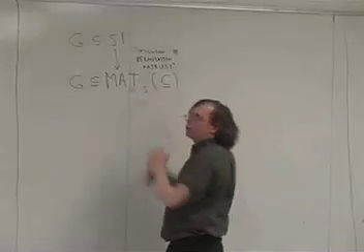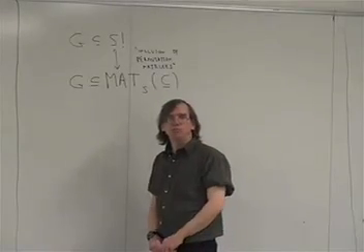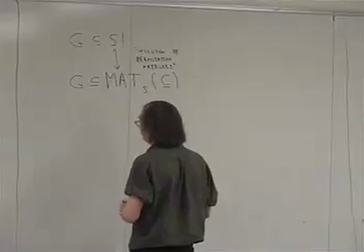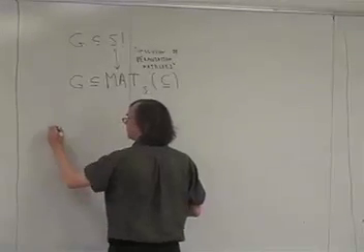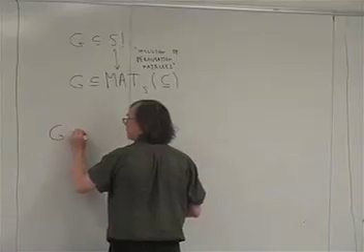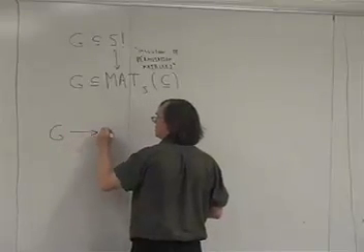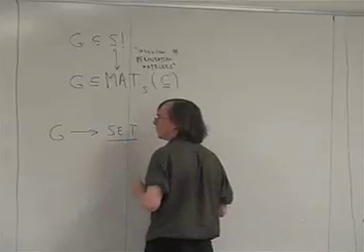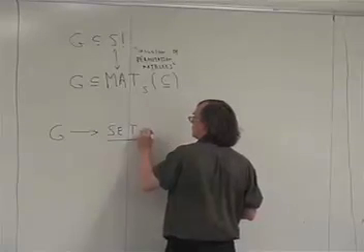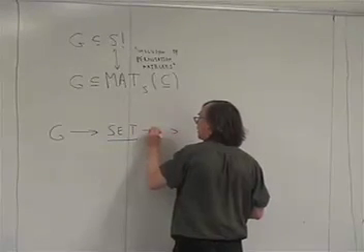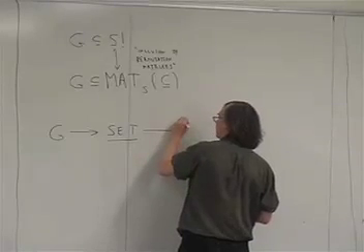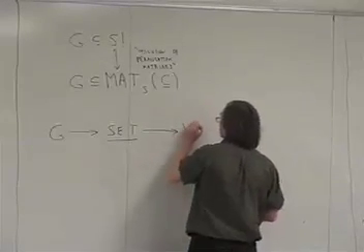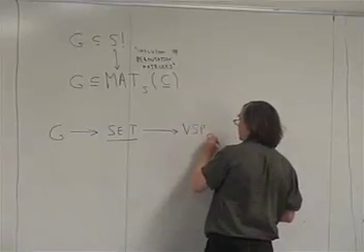This is perhaps a low-brow way of thinking of it. There are also high-brow ways, where you have a functor from G to the category of sets, and then another functor from the category of sets to the category of vector spaces over the complex numbers.